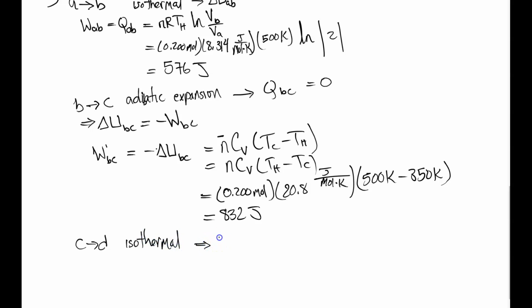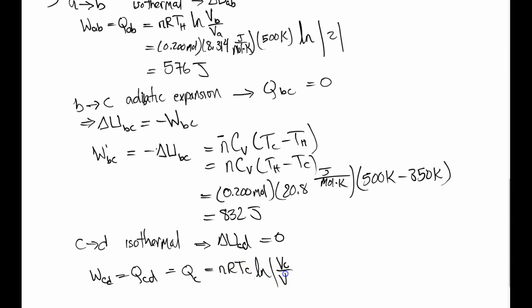So again, that means that the change in internal energy from C to D is 0, which means also that the work from C to D is equal to the heat from C to D, and that is equal to the heat at C, which is nRT_C natural log of V_D over V_C.